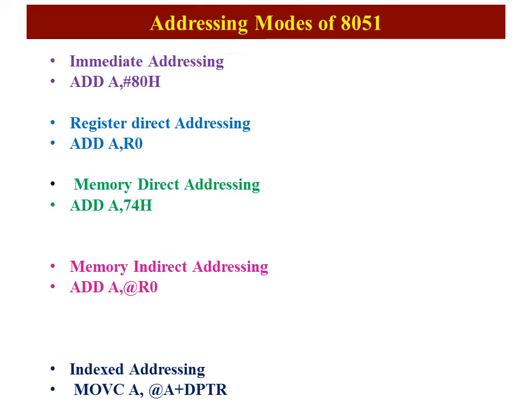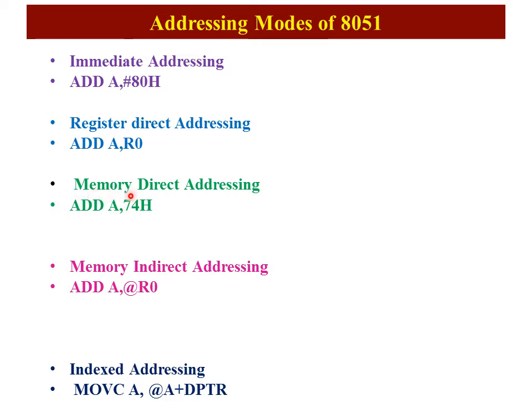The meaning of this is: whatever data is present in the R0 register is going to be added with the accumulator register. Nothing but A takes A plus the data present in the R0 register. That is called register direct addressing mode.